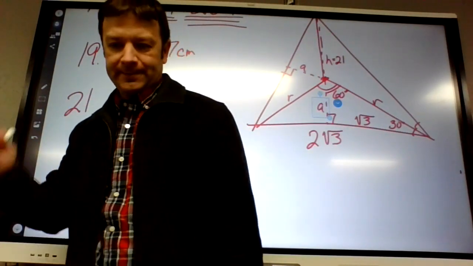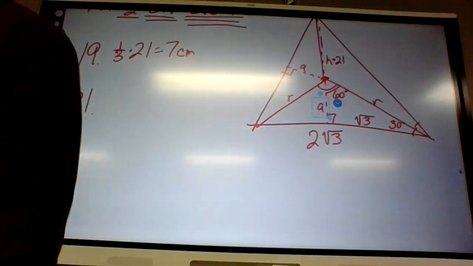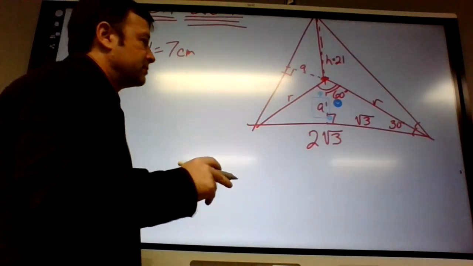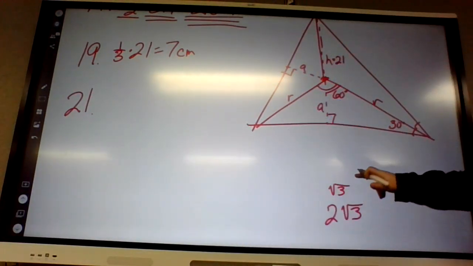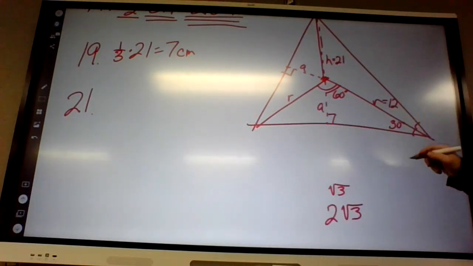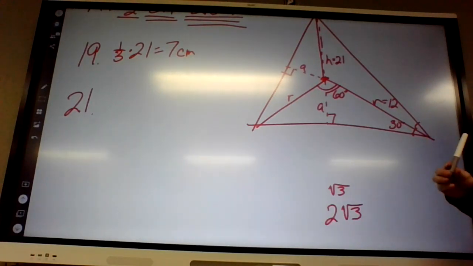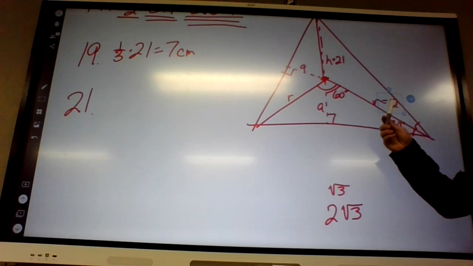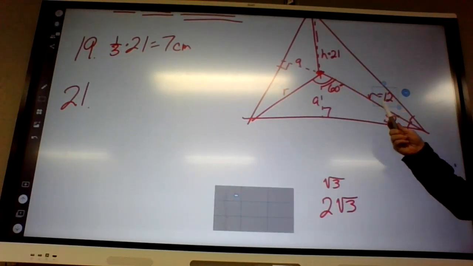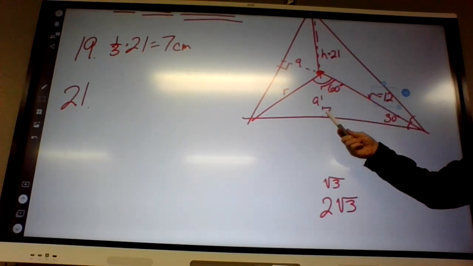21. The radius is 12. Okay, so I'm going to get rid of these numbers from the last problem. If the radius is 12, this will help you with 22. If the radius is 12, how do you go from hypotenuse to short leg on a 30, 60, 90?